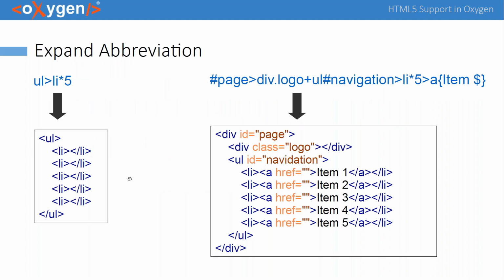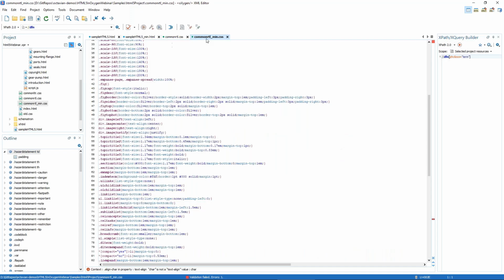I will show you some examples and how this works. So this is how the content is expanded. These are 2 abbreviations here, but let's try something in the editor.